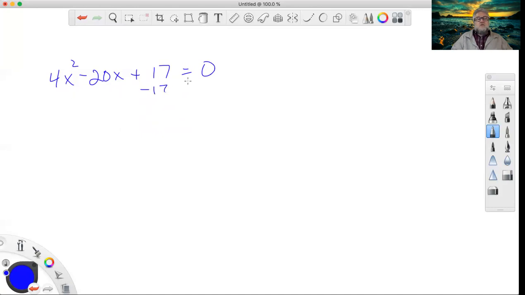So I subtract 17, 4x squared minus 20x equals minus 17. And then I'm also going to divide by 4 because this is going to mess things up. So I'm going to divide everything by 4. So x squared, 20 over 4 is 5.